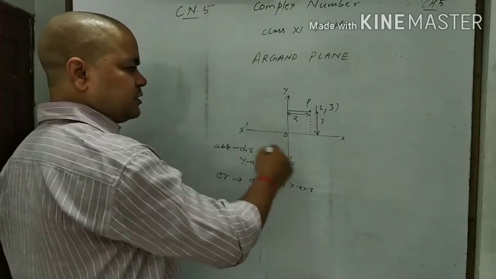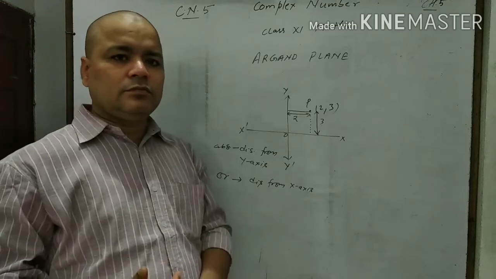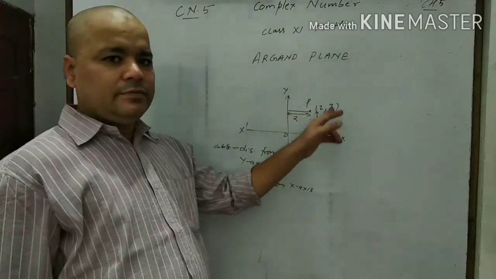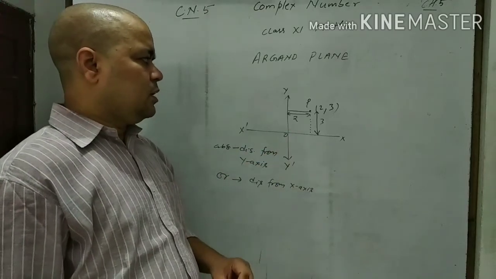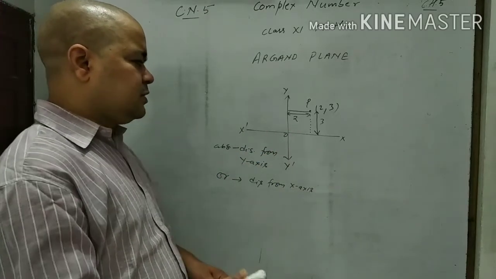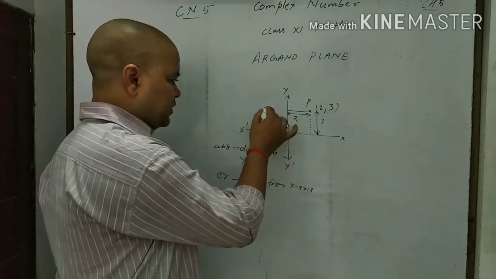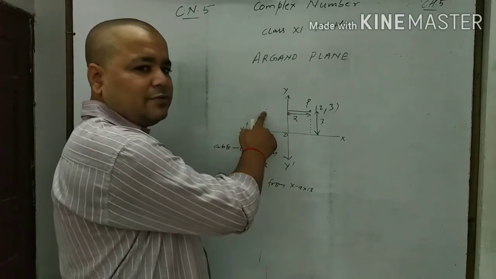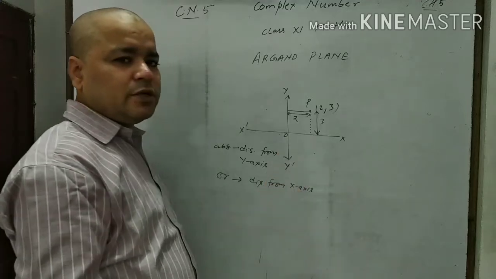Here each point represents a unique value. In the coordinate plane, the two-dimensional plane, each point represents a unique value. This means there will be one coordinate for this point, one coordinate for this point, one coordinate for this point.